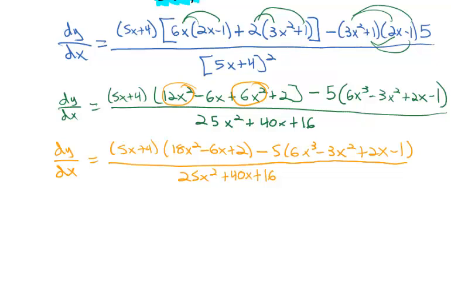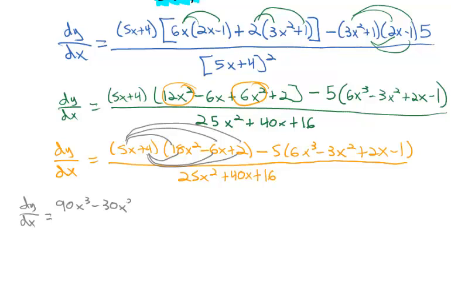Okay, we're almost done making it ugly so we can start simplifying. We're going to multiply out the 5x times everything, the 4 times everything, so we get dy dx is equal to 5 times 18 is 90x cubed minus 30x squared plus 10x.